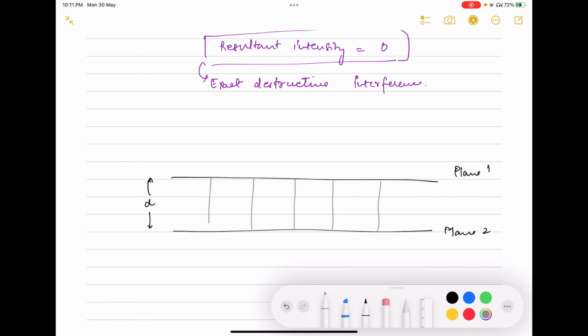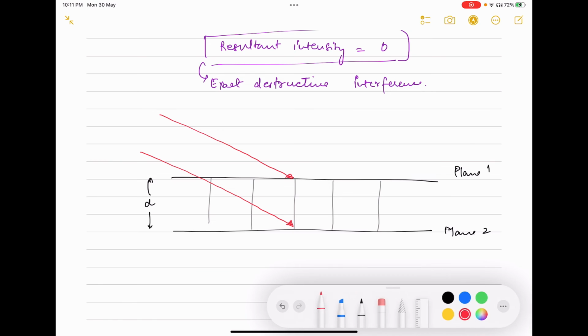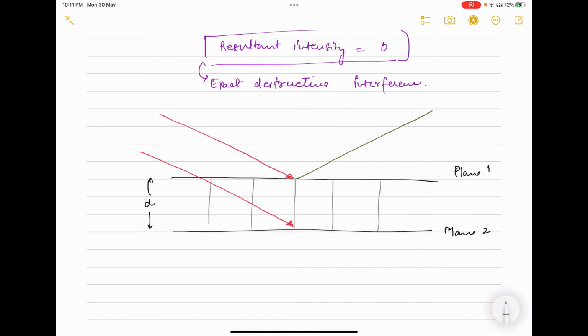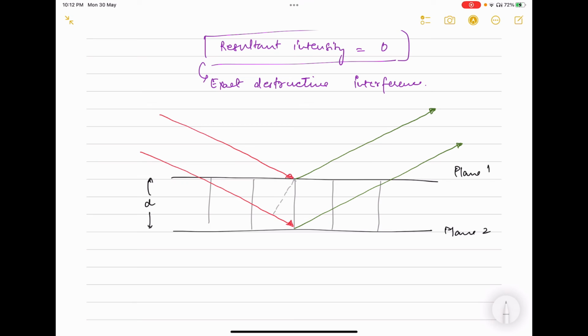Now we have incident rays and the reflected rays. Now draw perpendiculars from the above plane. This will be the region of path difference.